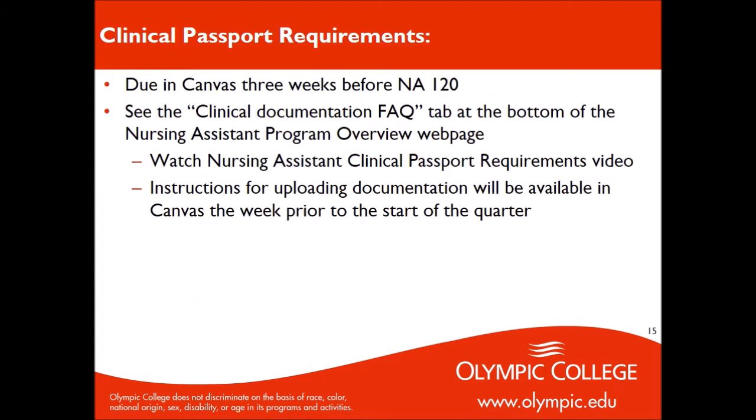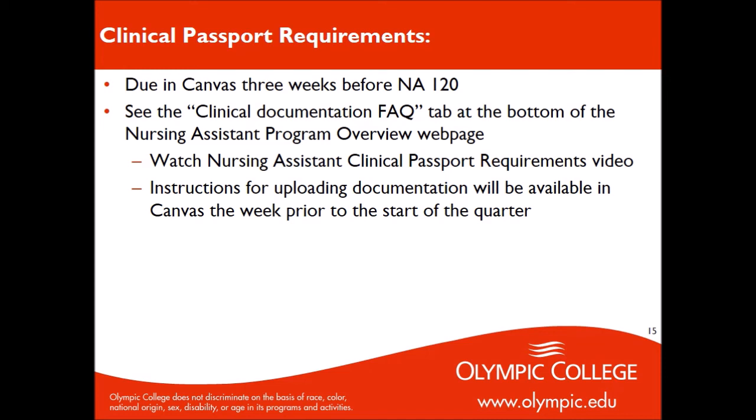By contract with Olympic College, all students participating in patient care experiences must meet a number of health and safety requirements. At the bottom of the Nursing Assistant Program Overview page, you'll find a Clinical Documentation FAQ, Frequently Asked Questions tab.